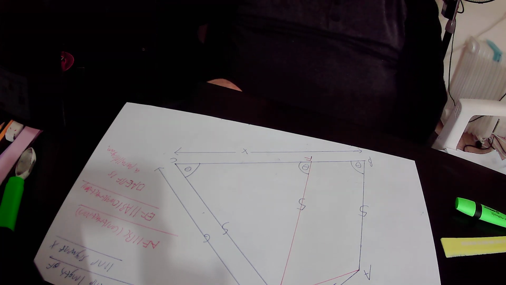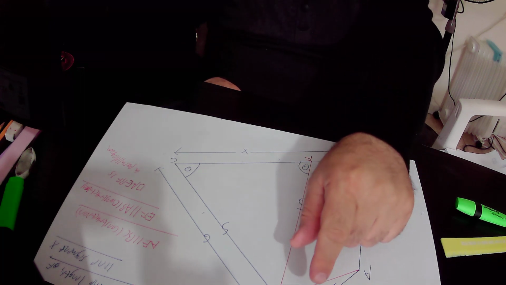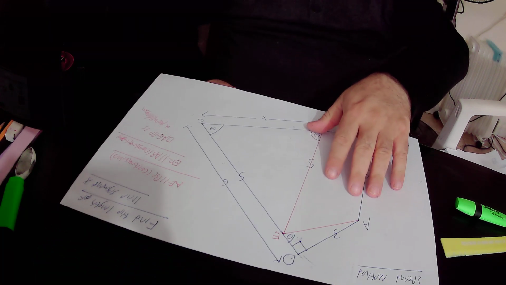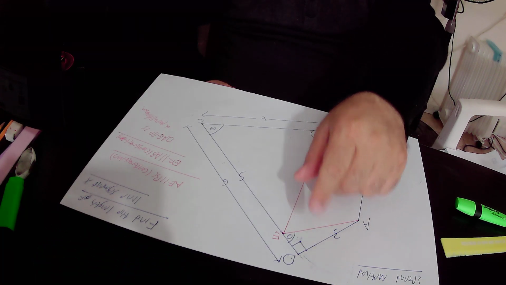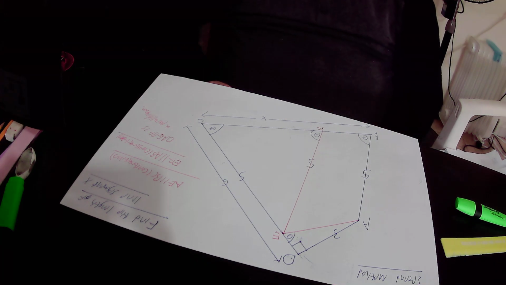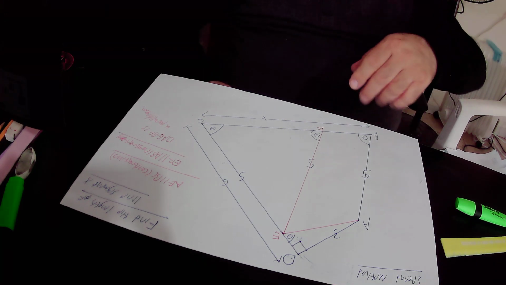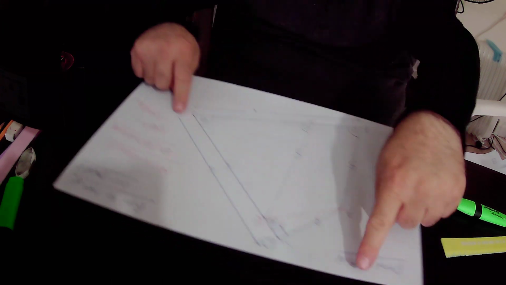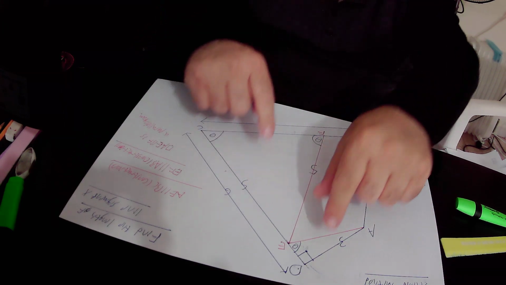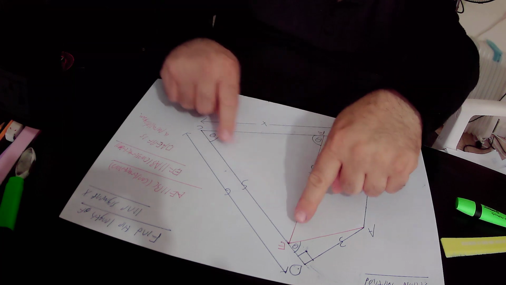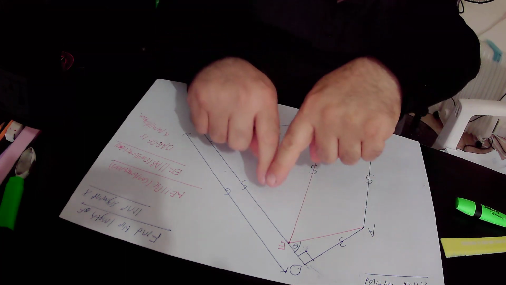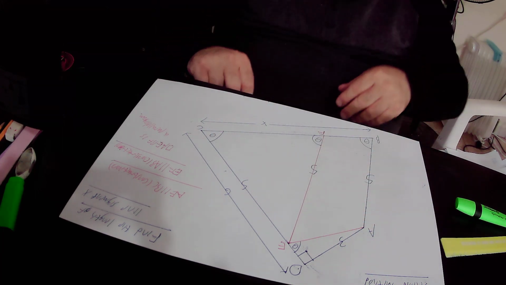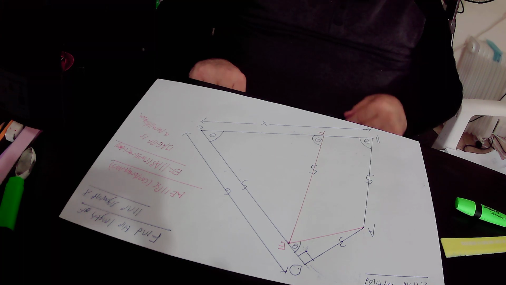So what is the length of DE? What is the length of DE? It is very easy to see from the drawing that DE equals DC minus EC. Again, DC minus EC equals DE. So write it down.